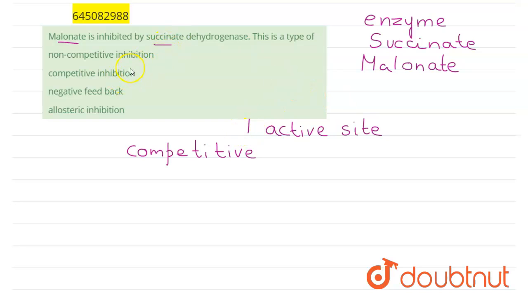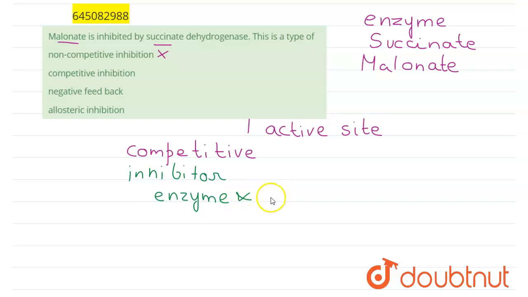So if we see our options, non-competitive inhibition is a wrong option because in non-competitive inhibition, what happens? The activity of the enzyme is reduced, and the inhibitor can bind to both the enzyme and the enzyme-substrate complex.